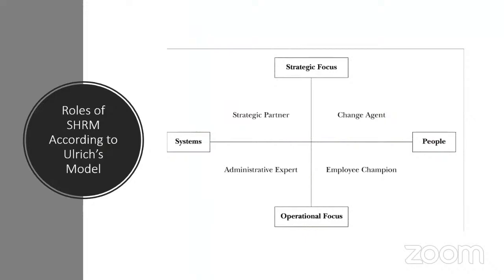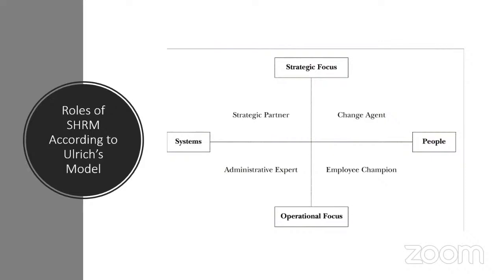So if we have an organization strategically made up of systems, strategic focus, people, and operational focus, we have HR business partners that can be considered as strategic partners, where they create alignment between systems and the strategic focus. That's the vision, the objectives and the mission statement. Then you have those that create strategic alignment between strategic focus and people. That's the change agent.